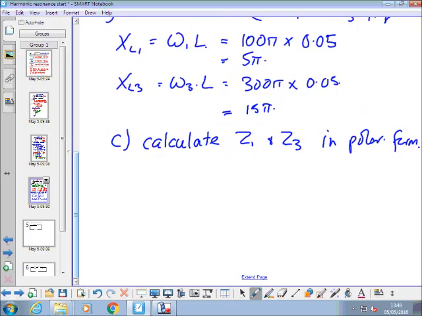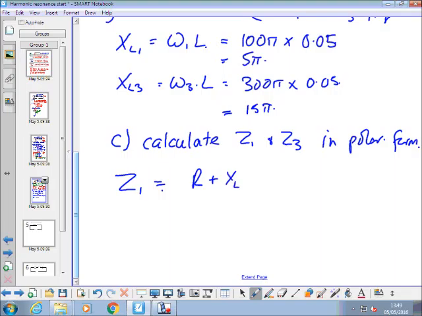Part C: calculate Z1 and Z3, the impedances at the fundamental and the harmonic frequency, in polar form. So how are we going to do that? Is it R plus XL1?